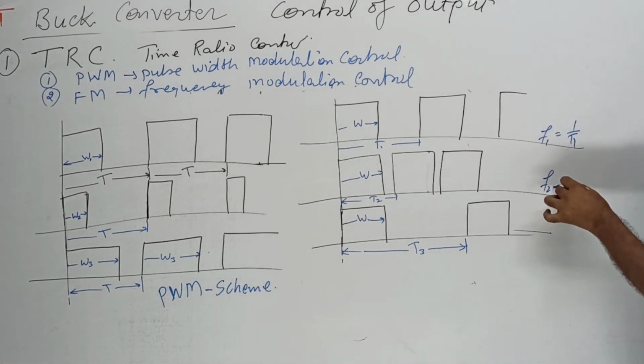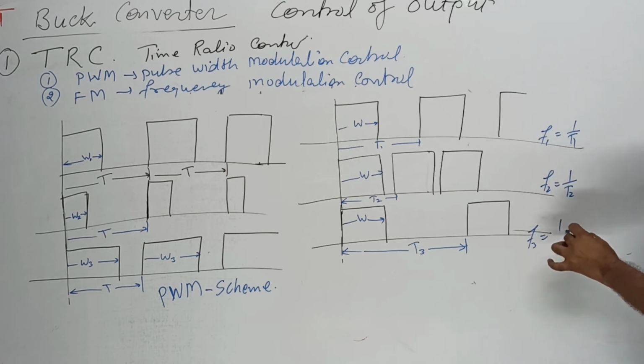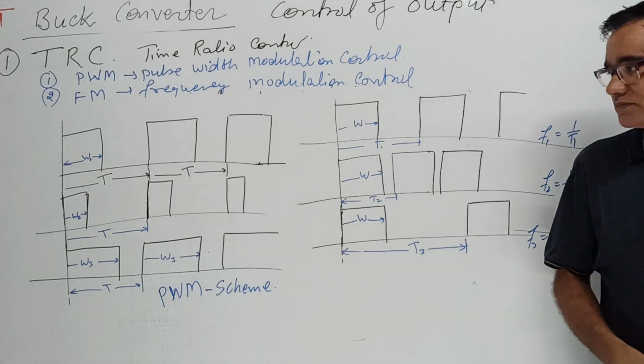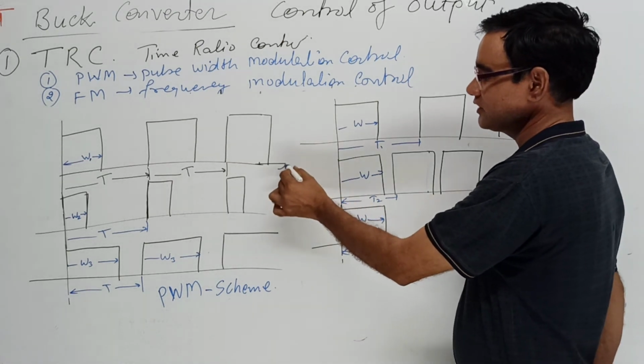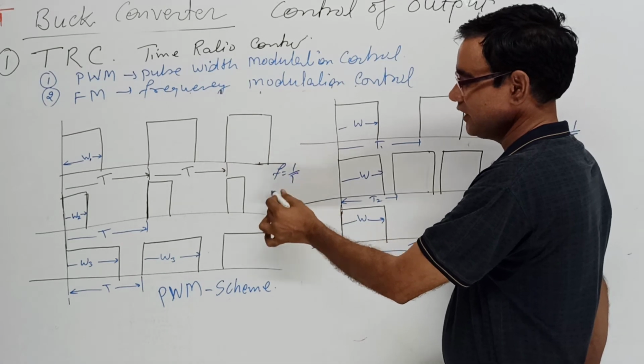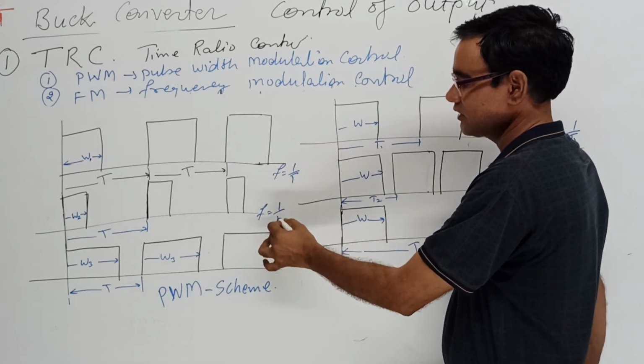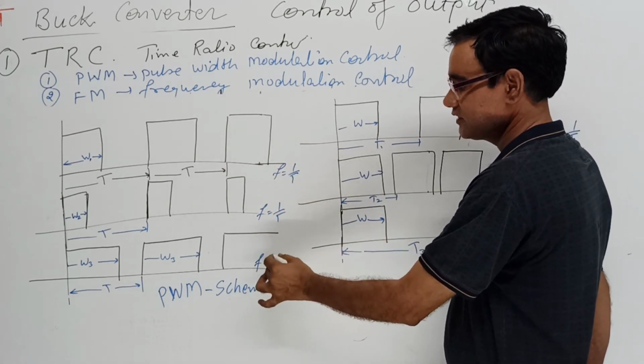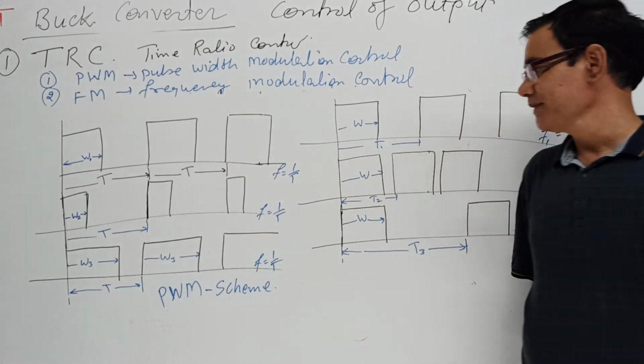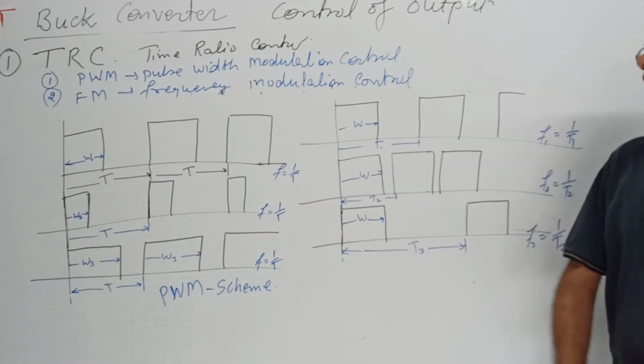Here the frequency is F2, that is 1 upon T2. Here the frequency is F3, that is 1 upon T3. In the other technique, the operating frequency is F, that is 1 upon T, in each case. So here the frequency is constant.